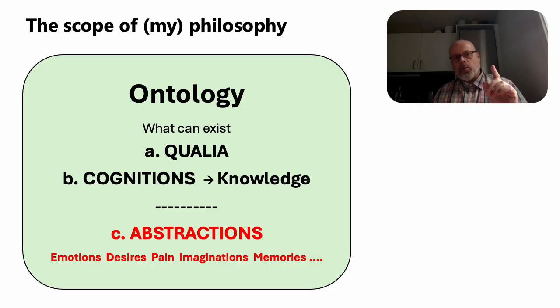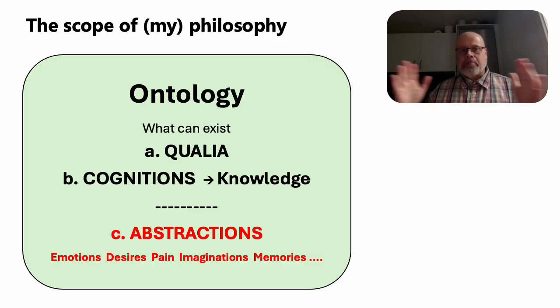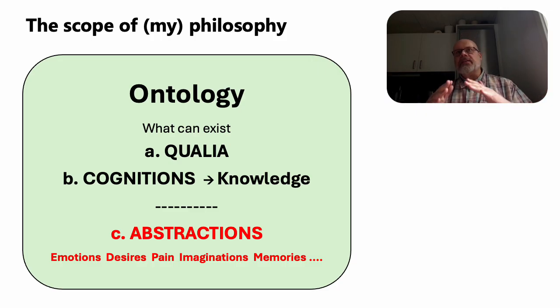So what can exist may actually at the end turn out for me to equate with knowledge, but expanded to everything that can be, everything that can exist, can be known, right? Ontology describes everything.